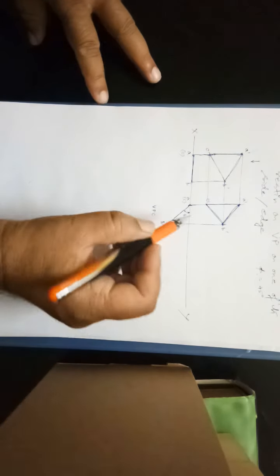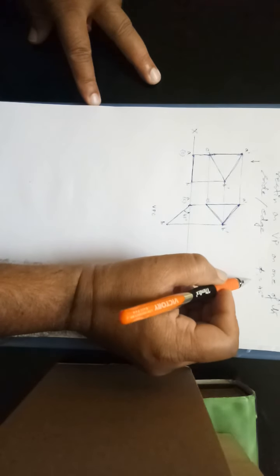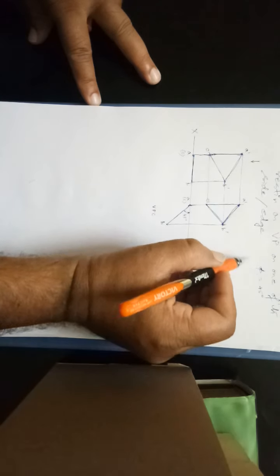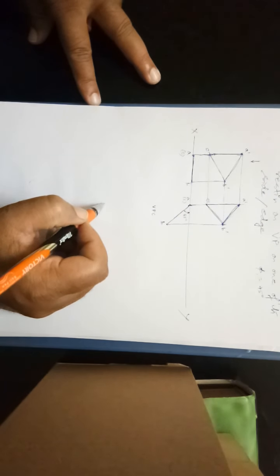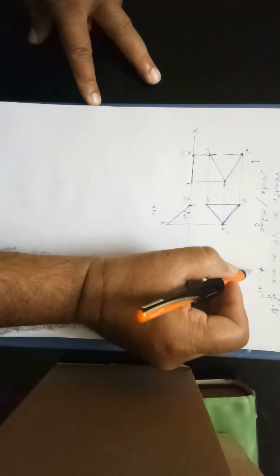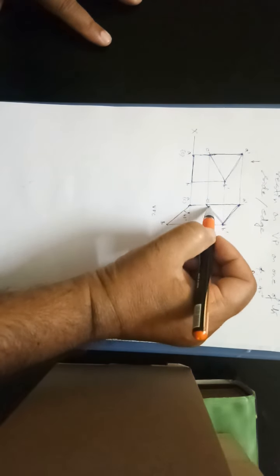Okay, so next is the HP condition. In the HP condition, he may say that the edge on which it is resting on VP is inclined to HP at, say, 30 degrees. Okay, so that is theta, 30 degrees. So this is the edge on which it is resting on VP.